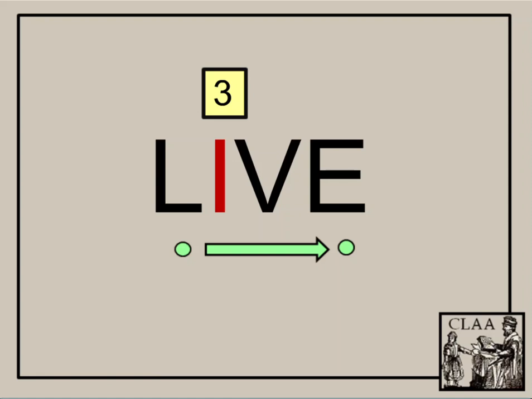In this word, the letter I could also be read with the short I sound. We would read this word as live, like we live in houses, live. Usually, this would be read as live, but this word is irregular. It's read as live, live.